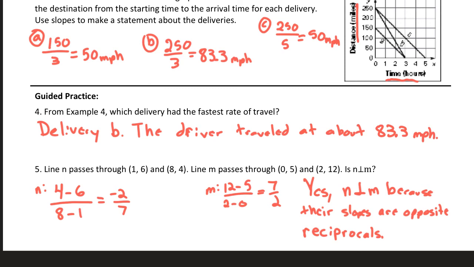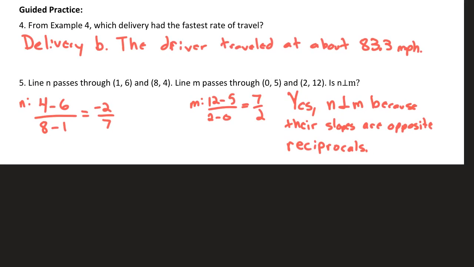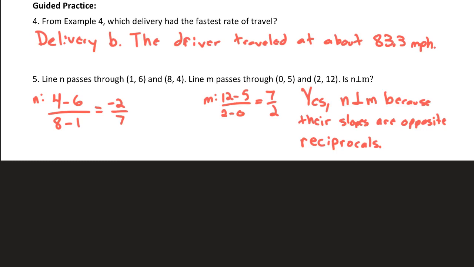So an average speed of about 83.3 miles per hour, which is pretty insane if you ask me. 83.3 miles per hour is pretty fast. So that may have been a little faster than a realistic situation, but if we think about distance to the destination from the starting time to the arrival time, realistically 83 miles per hour might be a little high, but it's just more comparing those rates of change.